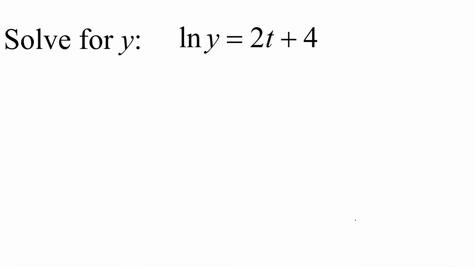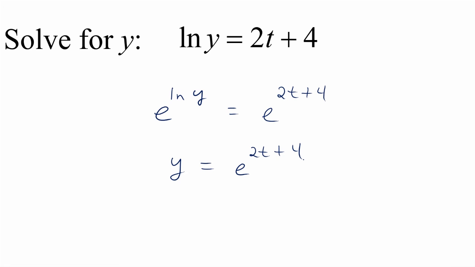So base e on the left, we get e to the natural log y equals e to the 2t plus 4. And then using the property from the previous page, e to the natural log y is just y. That leaves us with y equals e to the 2t plus 4.